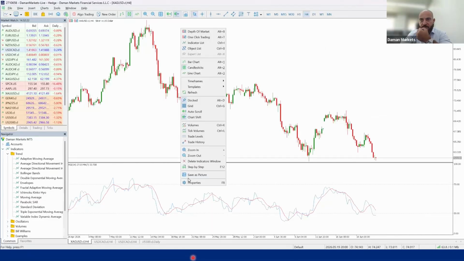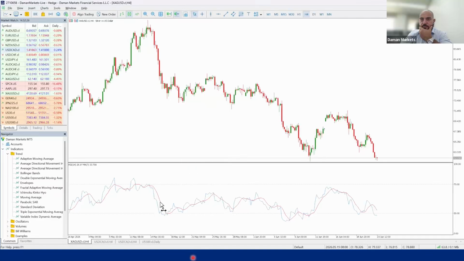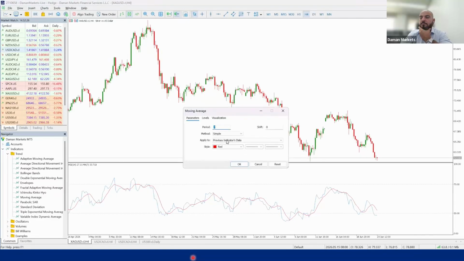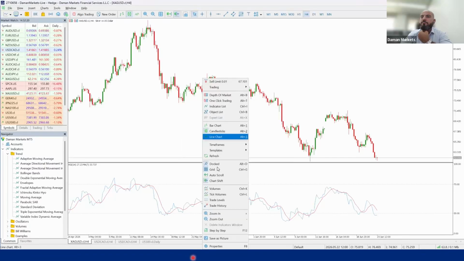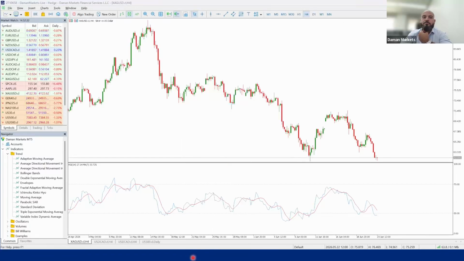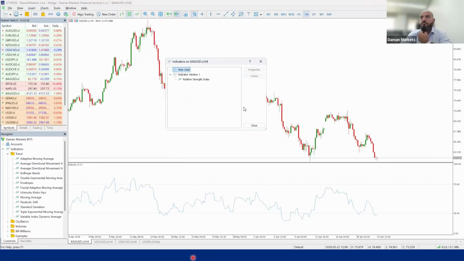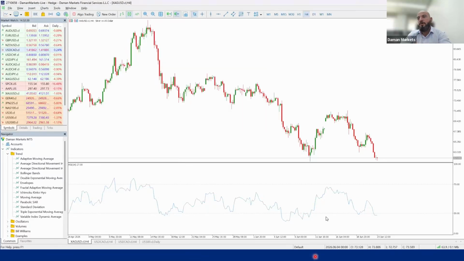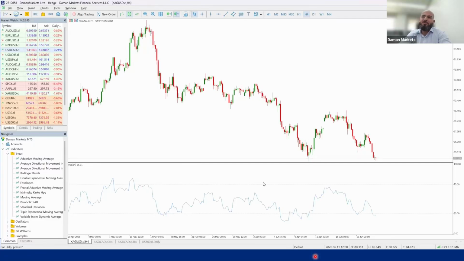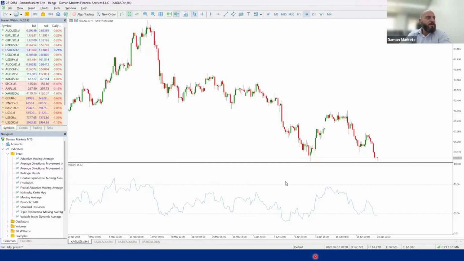If I remove the moving average, so now I don't have a moving average. I don't want to apply a moving average, it's too complicated.